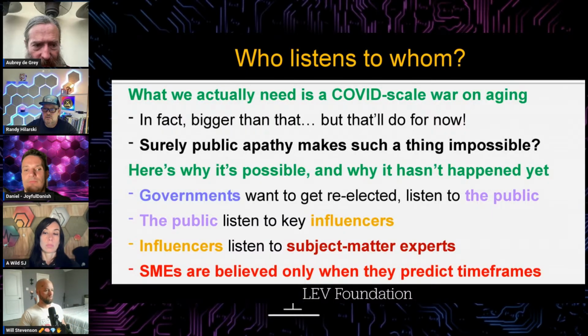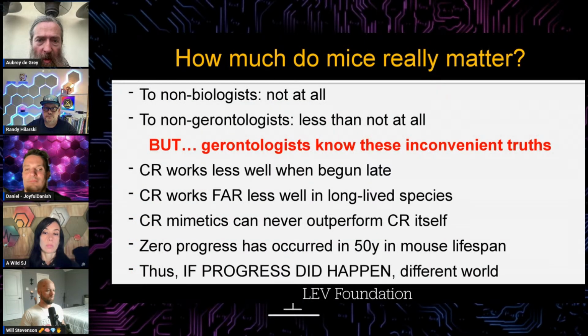And we're all good friends. I know exactly what they think and what would be enough for them to do something. So that's my goal. I want to bring gerontologists out of the closet and get them to say, yes, now's the time. And I believe that once they do, the influencers will demand it and the public will demand it, and it's just going to happen, just like COVID, overnight.